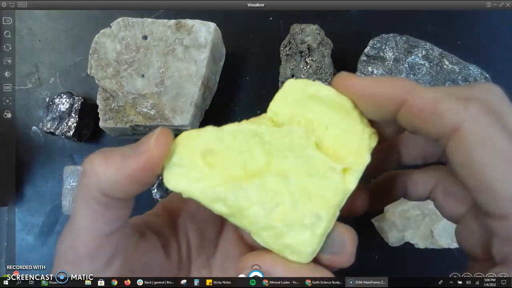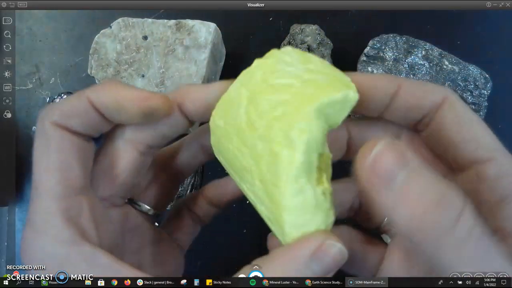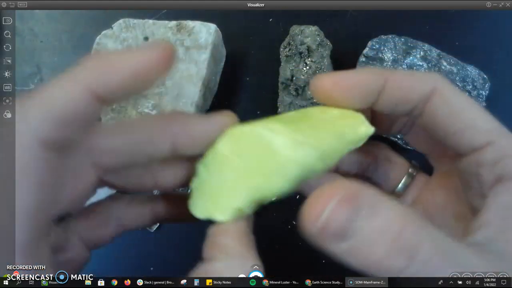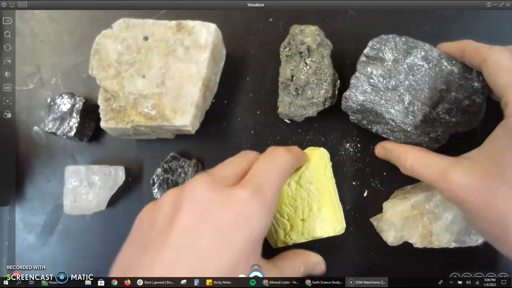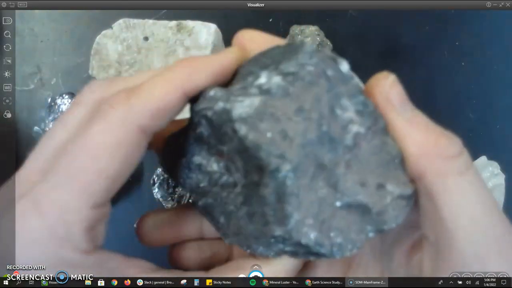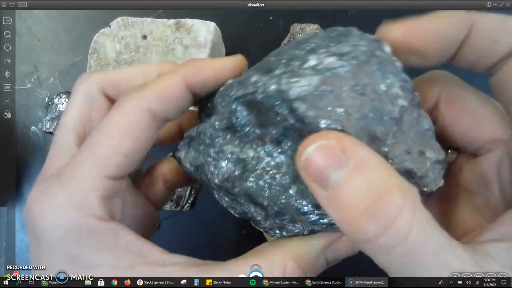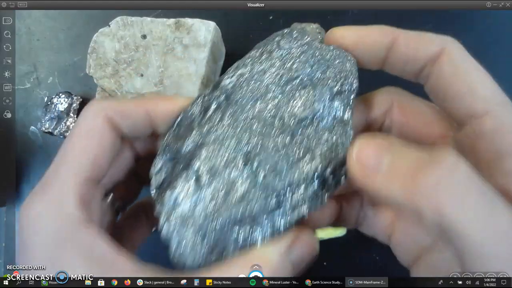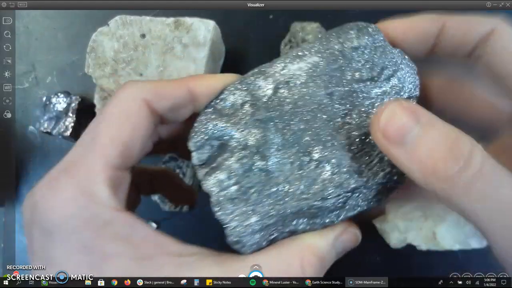Same thing with this sulfur here. If I were to hit this with a hammer, I have no way of knowing how it would break apart. There's no flat surfaces, okay? And again, with these two minerals, there's no perfectly flat surfaces, and everything just kind of looks rough and jagged and bumpy. That tells us that this mineral has fracture, not cleavage.